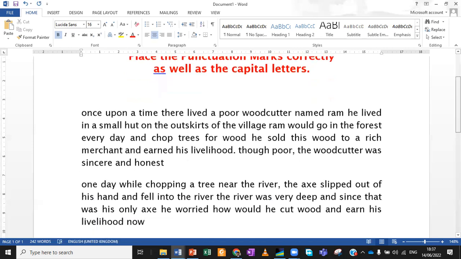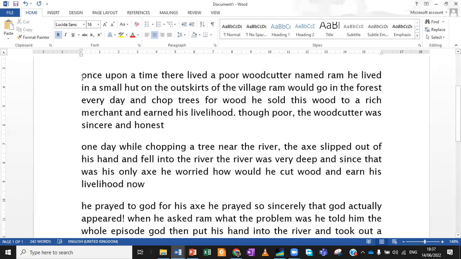So let's start. Can you read the first paragraph, please? As you are reading, you will know when to pause, this way to put the comma, this way to put the full stop. Can you read this first paragraph for me, please? Once upon a time. That is a comma.